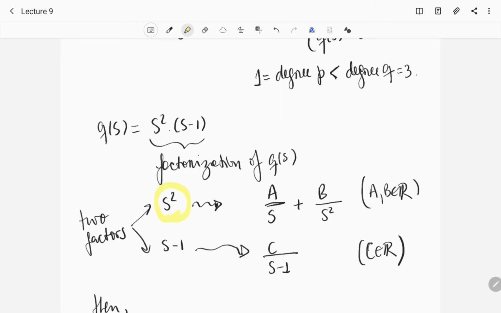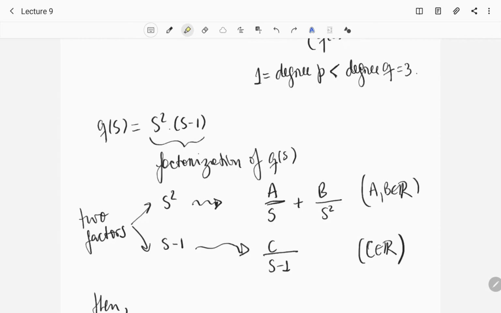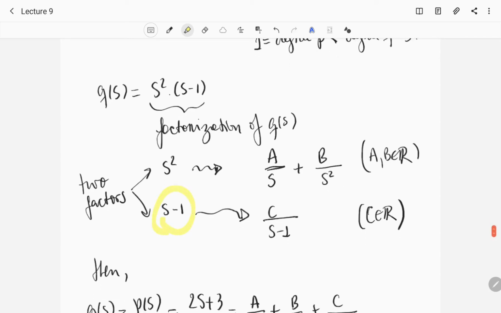So this factor of q gives us a over s and b over s squared, with a and b numbers. And s minus 1 gives us only the term c over s minus 1.